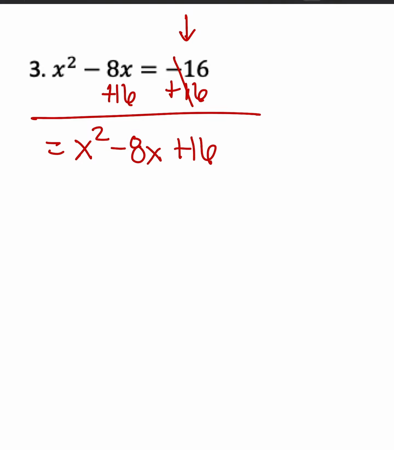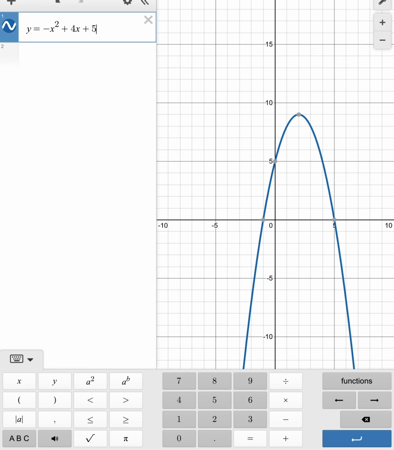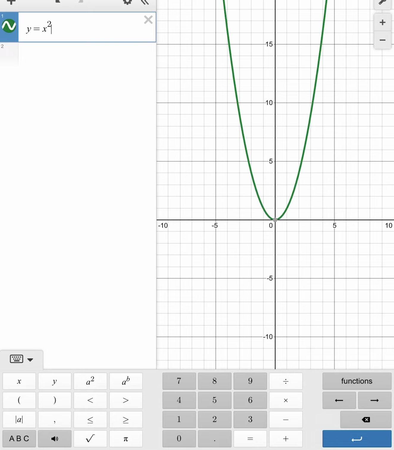And this is what we're going to type into our Desmos for that one. So we've got to make sure it's in standard form. If all of these aren't on the same side, then we've got to do the opposite to get them on the same side. So going back to Desmos, we're going to plug that one in, and we've got y is equal to x squared minus 8x and plus 16.